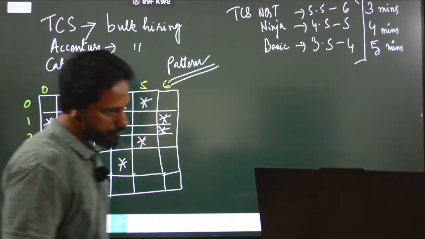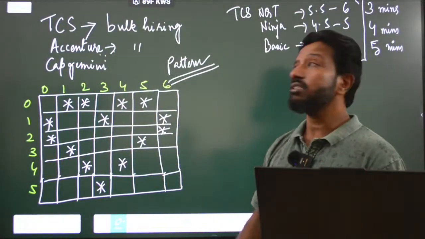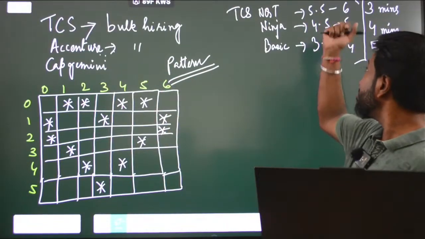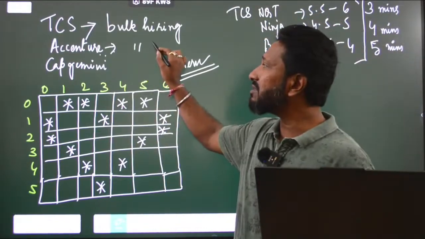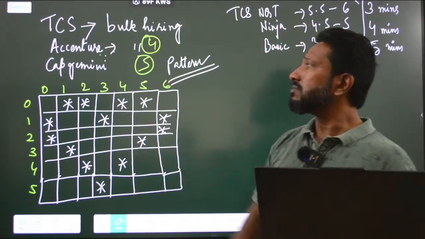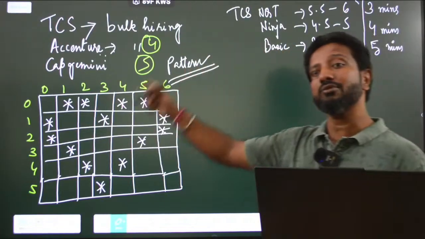Fine. So whenever you are trying to solve any pattern programs, just remember one thing. And guys, Accenture and Capgemini also ask the same thing. The package may vary. This can be 4 LPA, this can be 5 LPA.